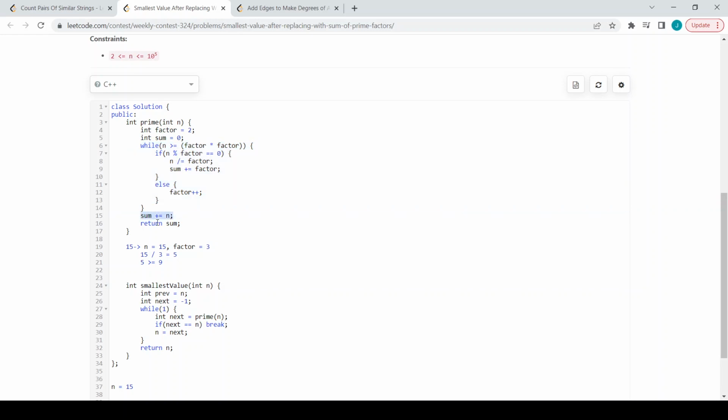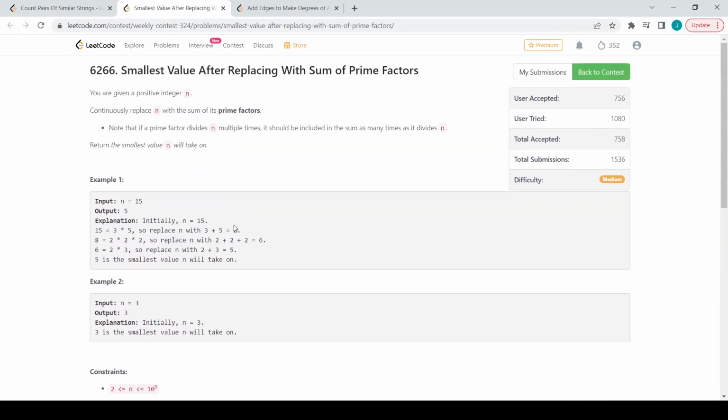And after coming out of this while loop, I said before that n is going to have a prime factor remaining, which we should add to our sum as well. So in this line, sum plus equal to n, which is nothing but 3 plus 5, which is 8. So I'm returning 8, and we need that 8 as my next n.